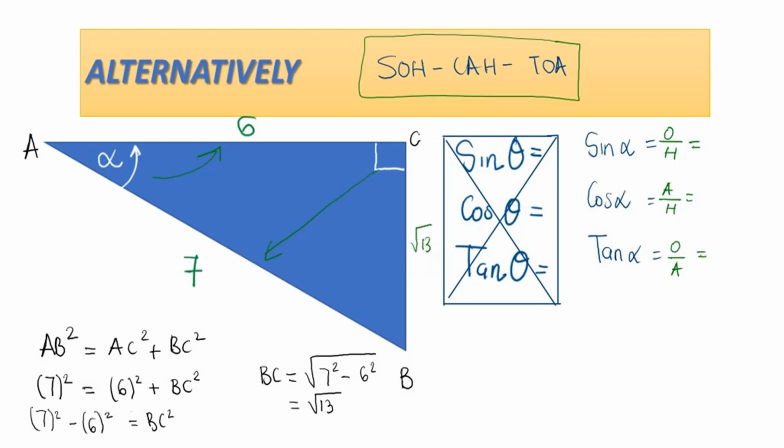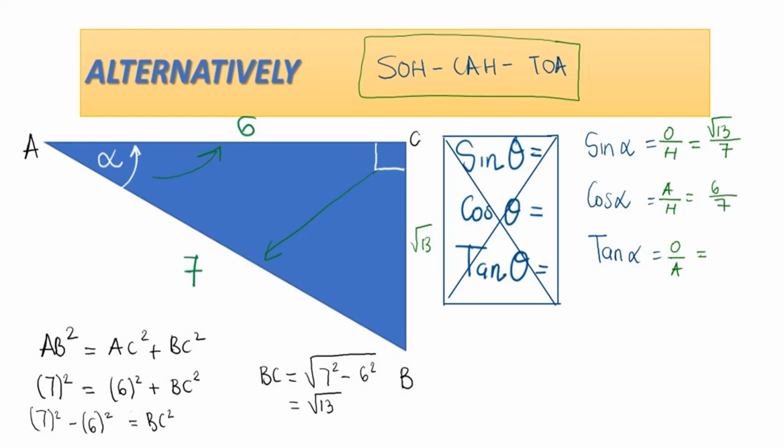Okay, so now we can define our trig ratios, right, using alpha as our reference angle. Sine of alpha is opposite over your hypotenuse, so your opposite side is square root 13, and your hypotenuse is 7, right? Cos of alpha is your adjacent over your hypotenuse. Your adjacent side is 6 over your hypotenuse, 7.